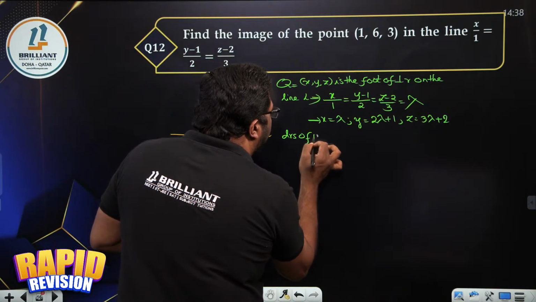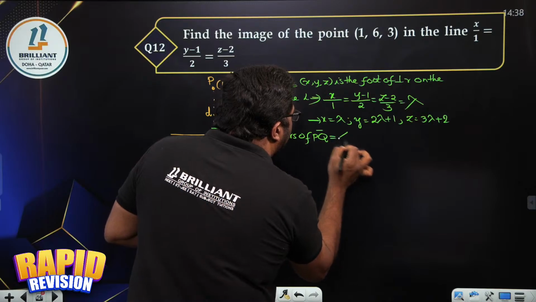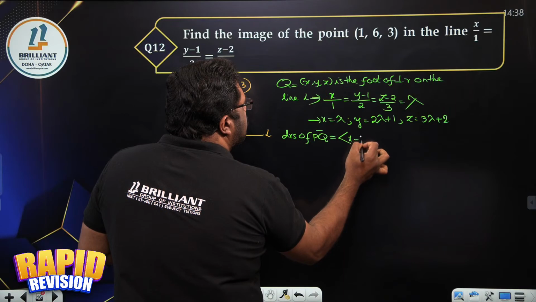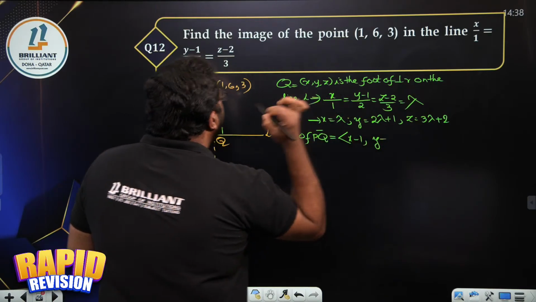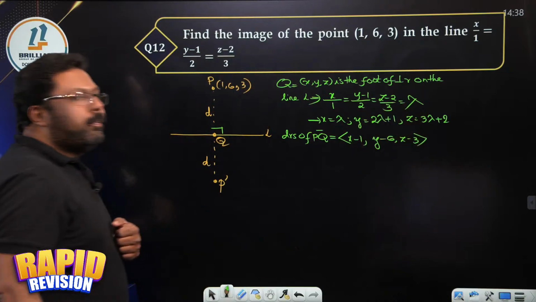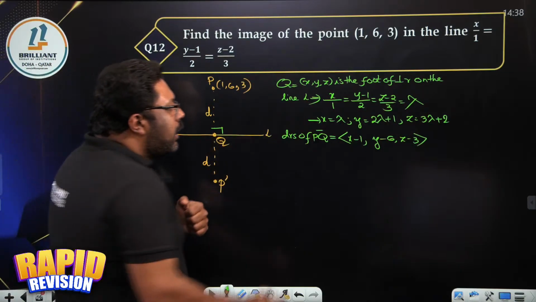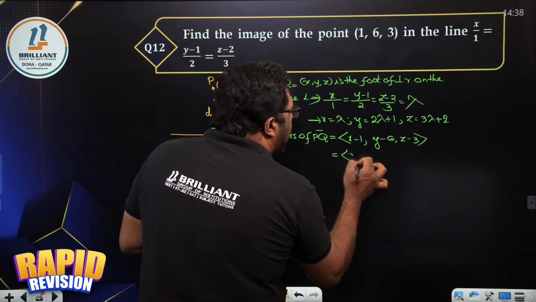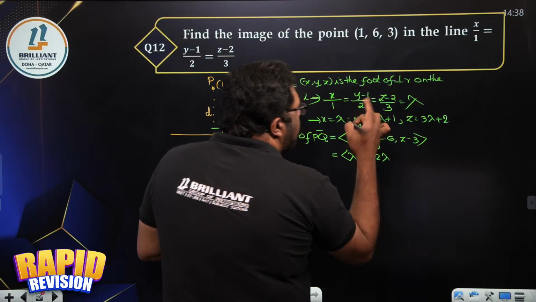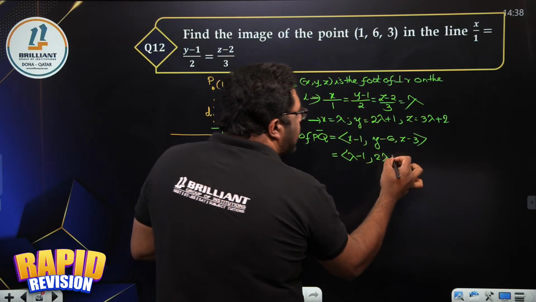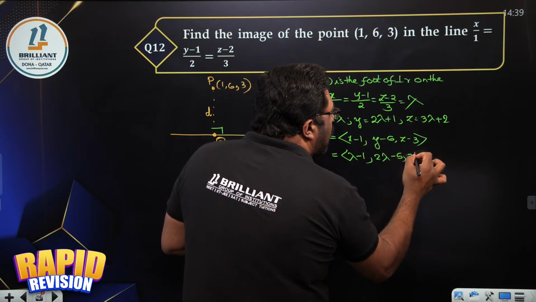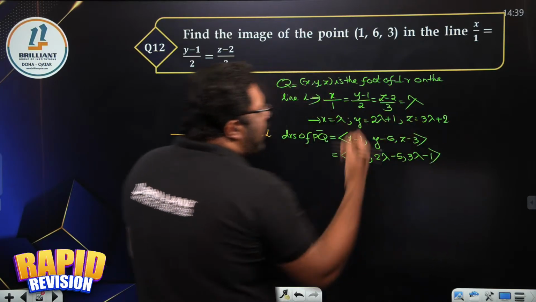Direction ratios of PQ. x minus 1, y minus 6, z minus 3. Substitute x and y and z in terms of lambda. Lambda minus 1, 2 lambda plus 1 minus 6 minus 5, 3 lambda plus 2 minus 3, 3 lambda minus 1.